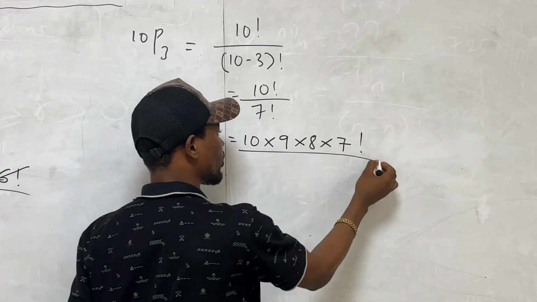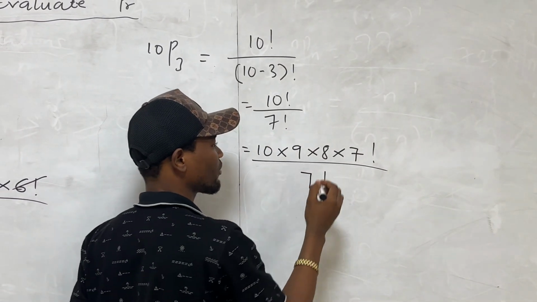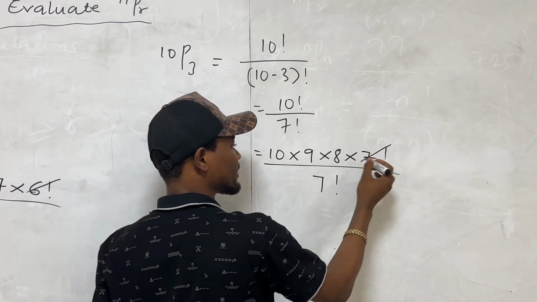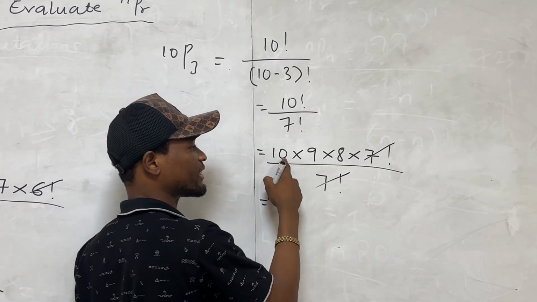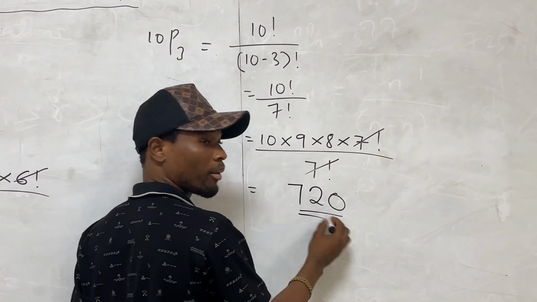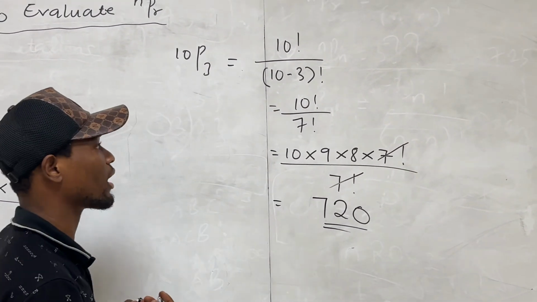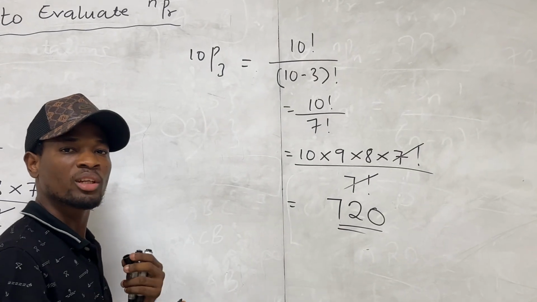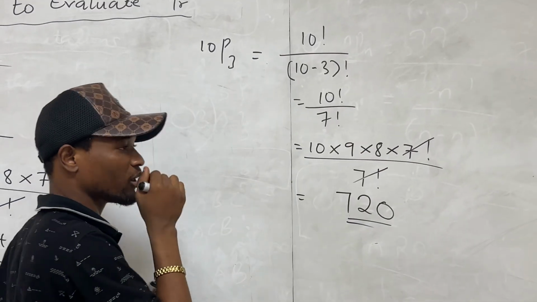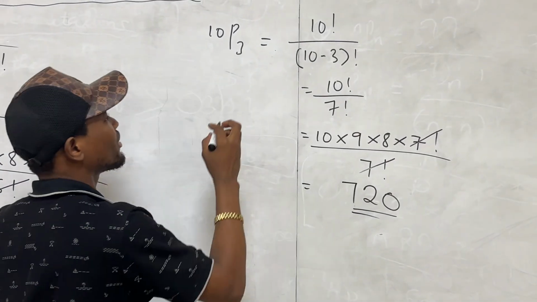Then all over 7 factorial. So this cancels this. So 10 times 9 times 8 is 720. As simple as that.